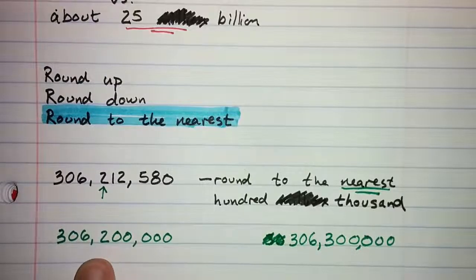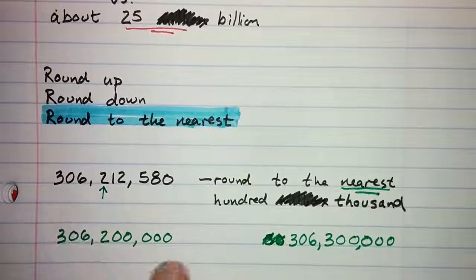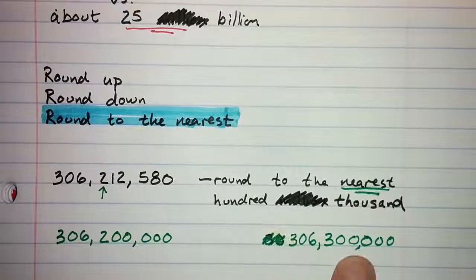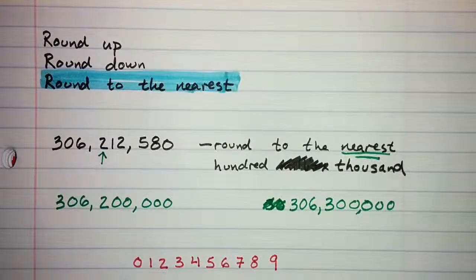Well, what would be halfway in between 306,200,000 and 306,300,000? Right. Well, let's think about this next digit. The next digit could be anything, couldn't it? 0, 1, 2, 3, 4, 5, 6, 7, 8, 9.